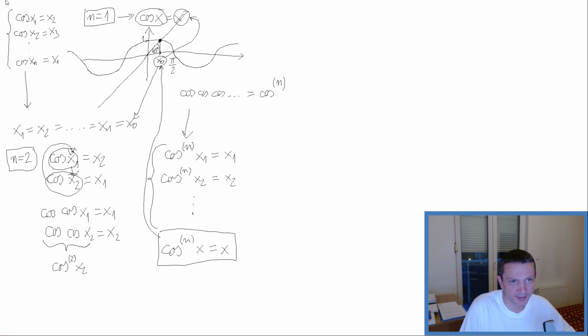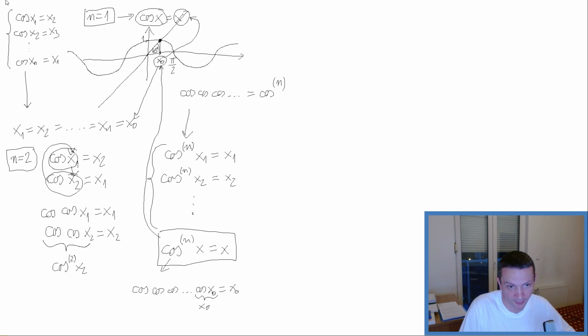So why is this so? Let me show first that x0 is actually a solution of this, because this can be written as cosine of cosine of cosine, n times, of cosine of x equal to x. And so if we put this x0 here, we know that cosine of x0 is x0.